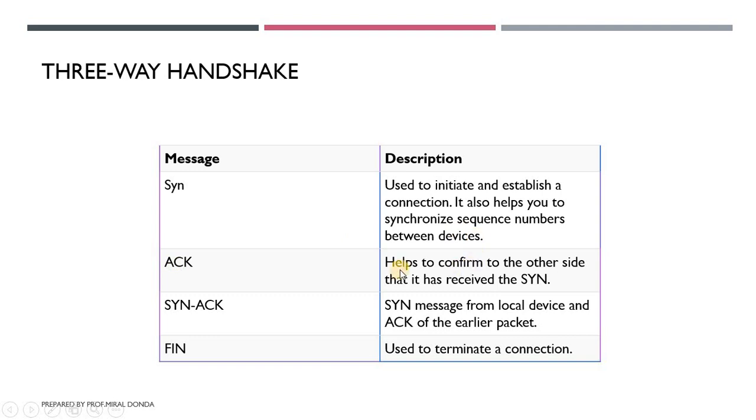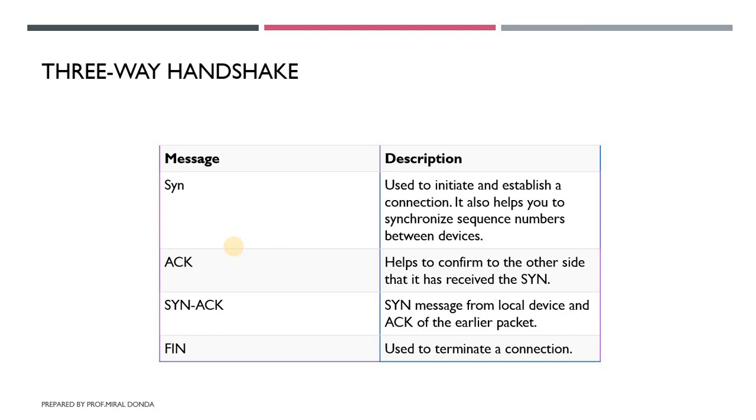ACK means acknowledgement, which confirms to the other side that it has received the SYN packet. SYN-ACK means a synchronized acknowledgement. And FIN is used to terminate the connection, the final step. These are terms we will use in later slides, so I just wanted to give you the introduction.